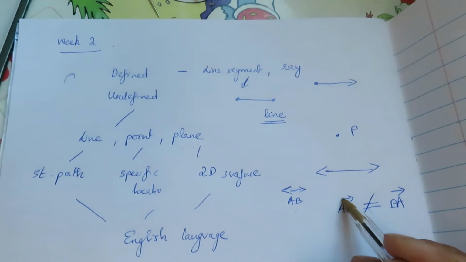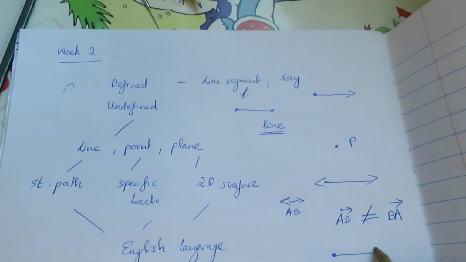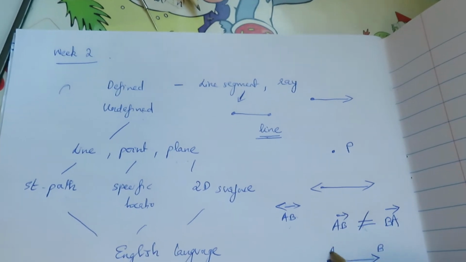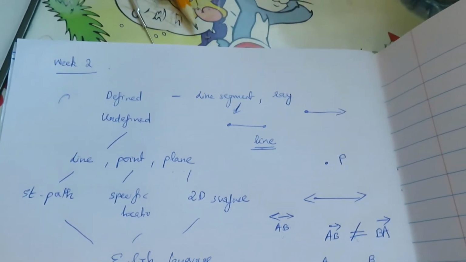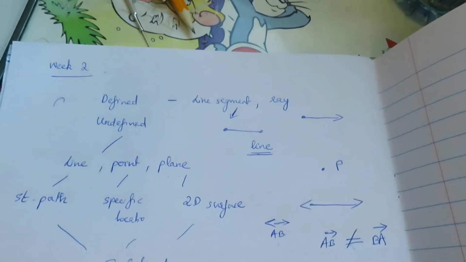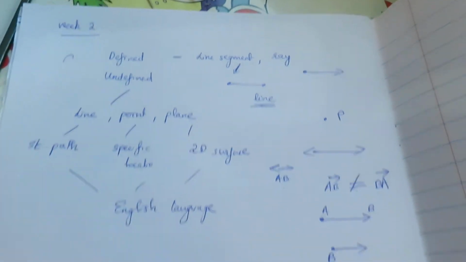Why? Because this is how you draw ray AB, with one endpoint A and the other end B going endlessly. Now how do you draw ray BA? Here B will be the endpoint. Here A was the endpoint. So that's why we say AB is not equal to BA.